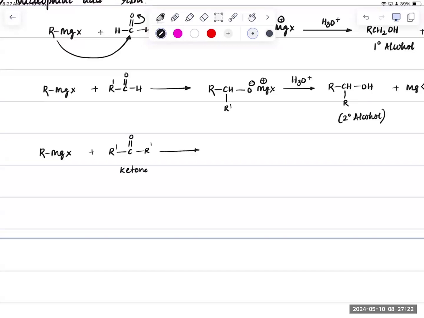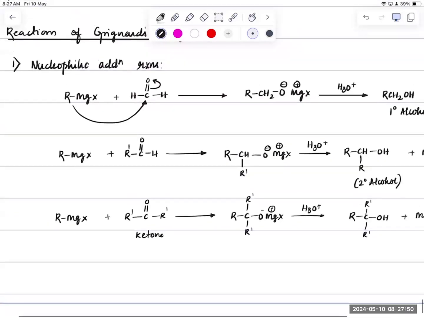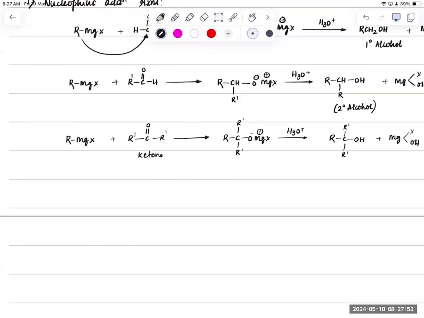So when you add it on a ketone, you will get R C R dash and R dash here with O minus MgX plus, that on acidic hydrolysis will give you a tertiary alcohol plus MgX and OH. This is what you will get in case of nucleophilic addition in this case.